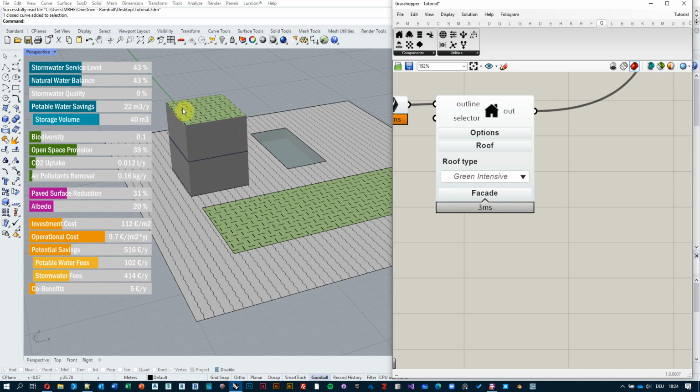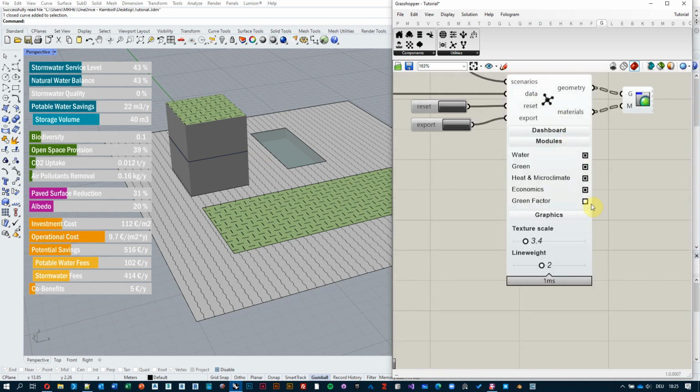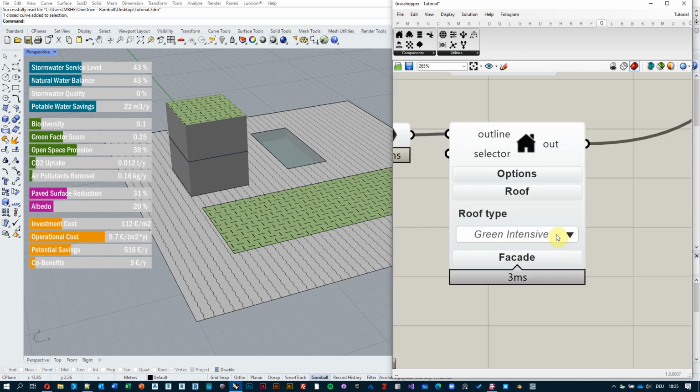So you can already see that it's a little bit of a trade-off between which KPI am I trying to maximize against, because obviously an intensive green roof is much better in terms of biodiversity scores compared to the conventional one, or open space provision, or green factor score. If I was to turn it on, my modules, green factor 0.25 with intensive green roofs, and only 0.18 without them, right?